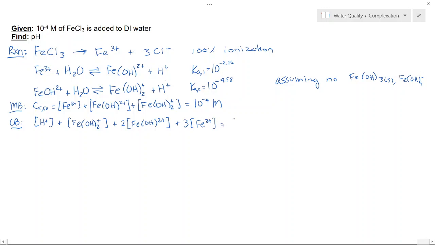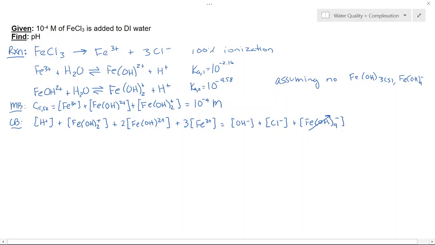And then on the other side of the equation, I have hydroxide, chloride, and as I said before, I'm going to ignore the FeOH4 minus. I can write it in still, FeOH4 minus, and then just cancel it out.